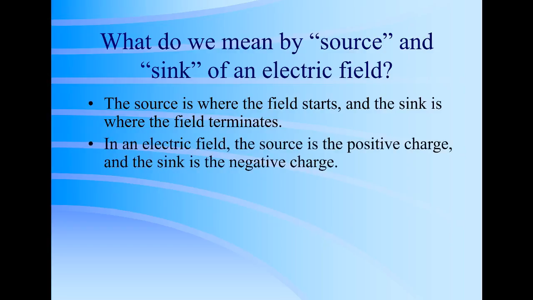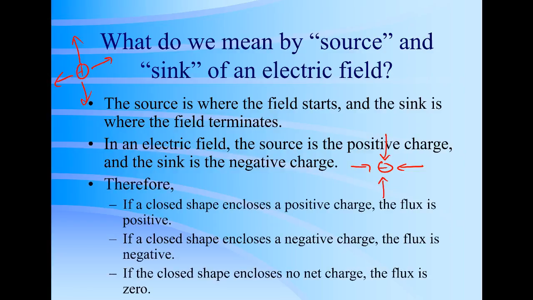So if you think about a positive charge, that is a source of electric field lines because field lines come out of a positive charge. And a negative charge is a sink because field lines go into a negative charge. Therefore, if a closed shape encloses a positive charge, the flux is positive.